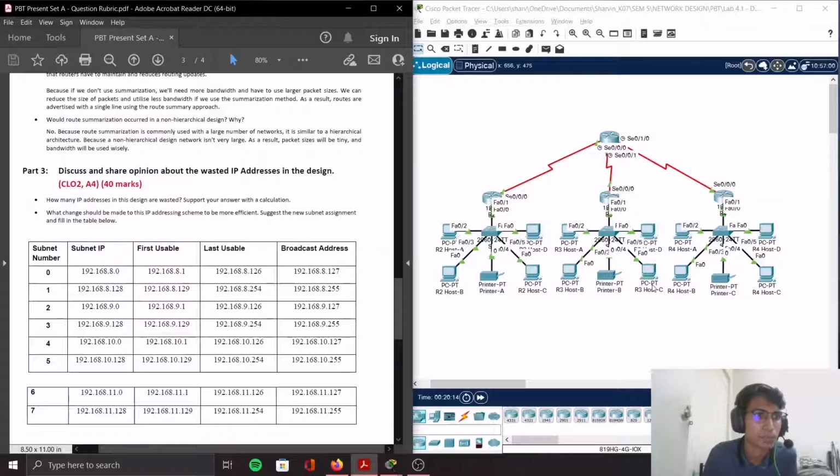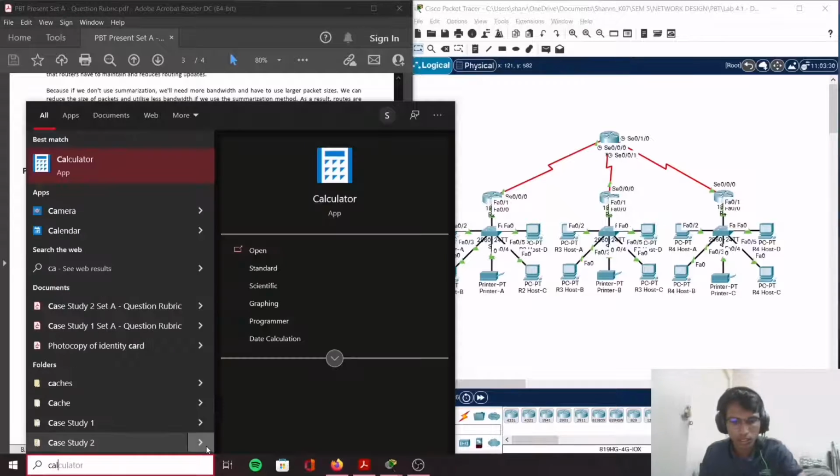Now let's begin part 3, which is to discuss and share opinion about the wasted IP addresses in the design. How many IP addresses in the design are wasted? Support the answer with a calculation. Let's bring our calculator first.